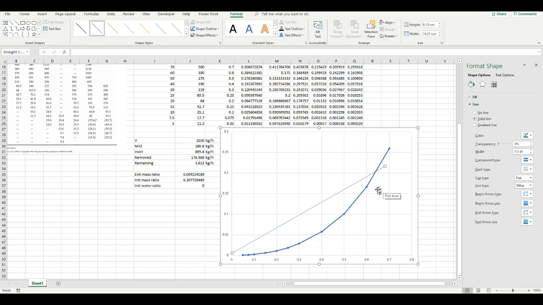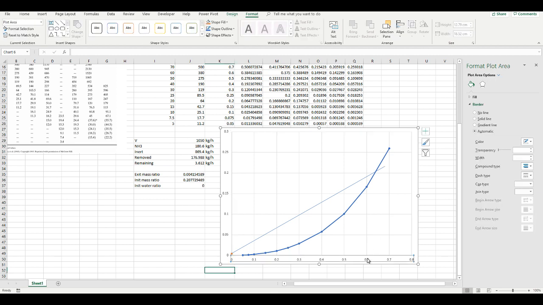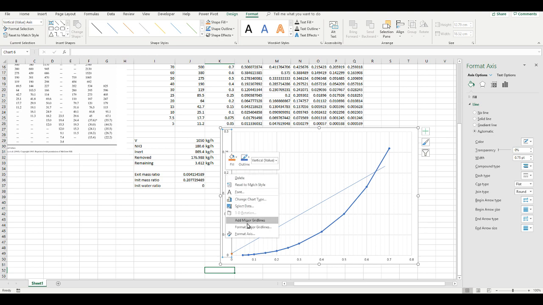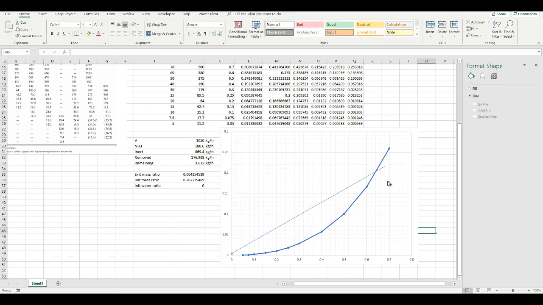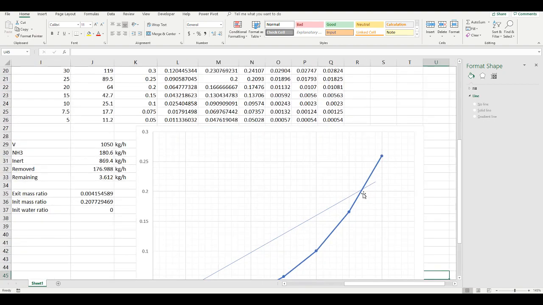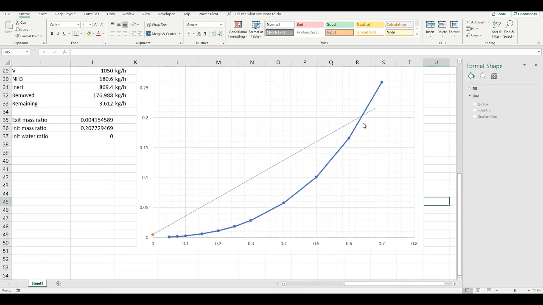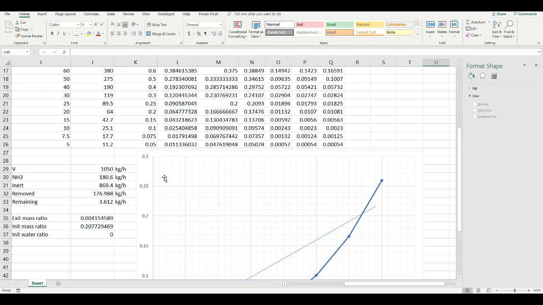And of course I'm guesstimating here, but we can also add some grid lines just to make it a bit easier. So it does look like it intersects the equilibrium line around the point 0.207, and in terms of the x-axis, it looks like it intersects around the point 0.64. So let's guesstimate that.